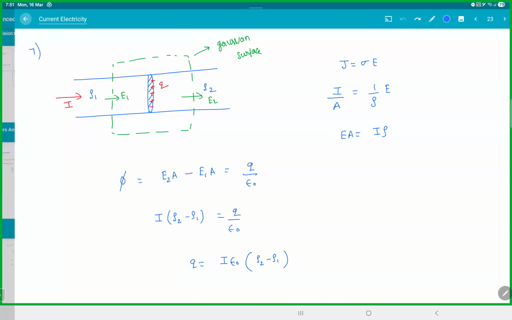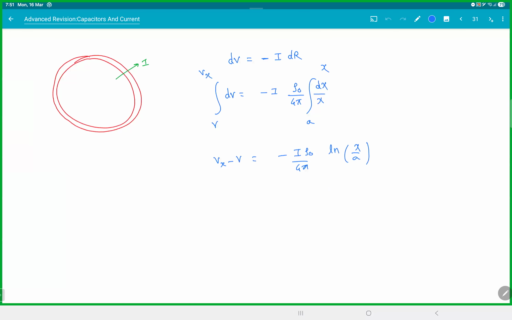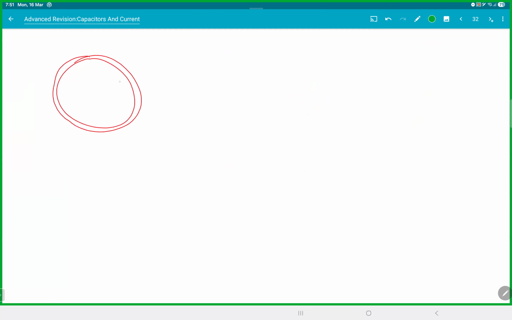So the same thing now I can do here. We will do the same argument there. We will say here the field is E, and here we will say the field is E plus dE. Because of the difference in field, the flux in that small region will be E plus dE into area minus E into area, which is dE into area.